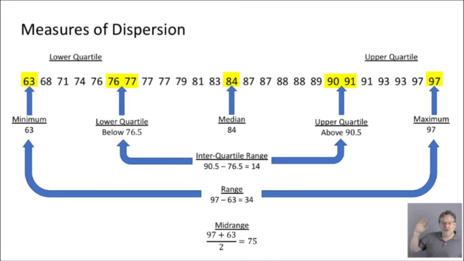So the lower quartile and the upper quartile together circumscribe just half of the data. Half the data is in between the upper quartile and the lower quartile. And so it's interesting to see what the range is of the innermost half of the data. In this case, the range isn't 34, it's somewhat smaller, it's just 14.